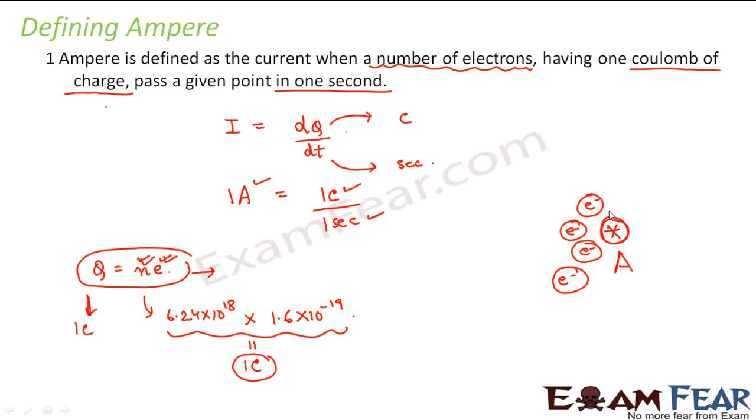If 6.24 into 10 to the power 18 electrons pass this point A in 1 second, then we say that the current at point A is 1 ampere. So are you getting my point? 1 ampere is nothing but 1 coulomb of charge in 1 second, and 1 coulomb of charge represents 6.24 into 10 to the power 18 electrons.